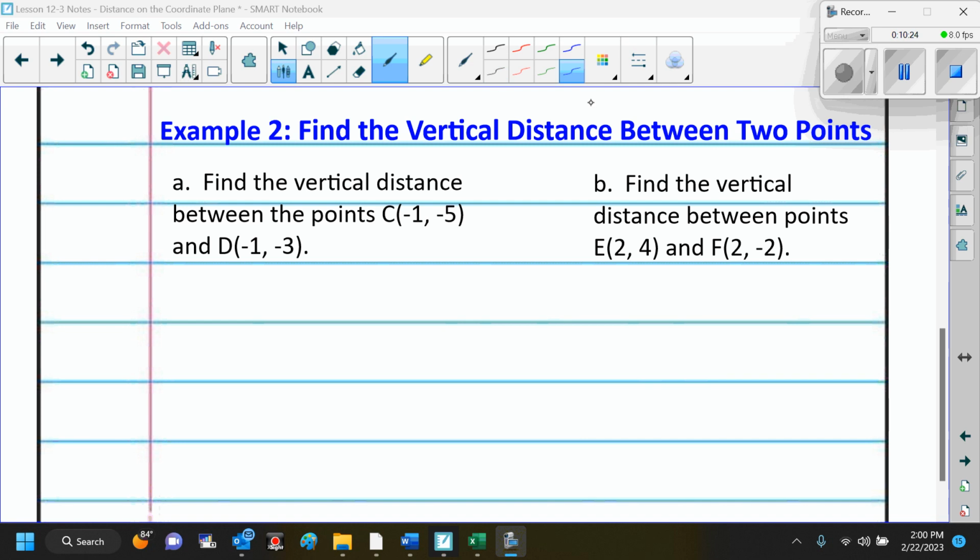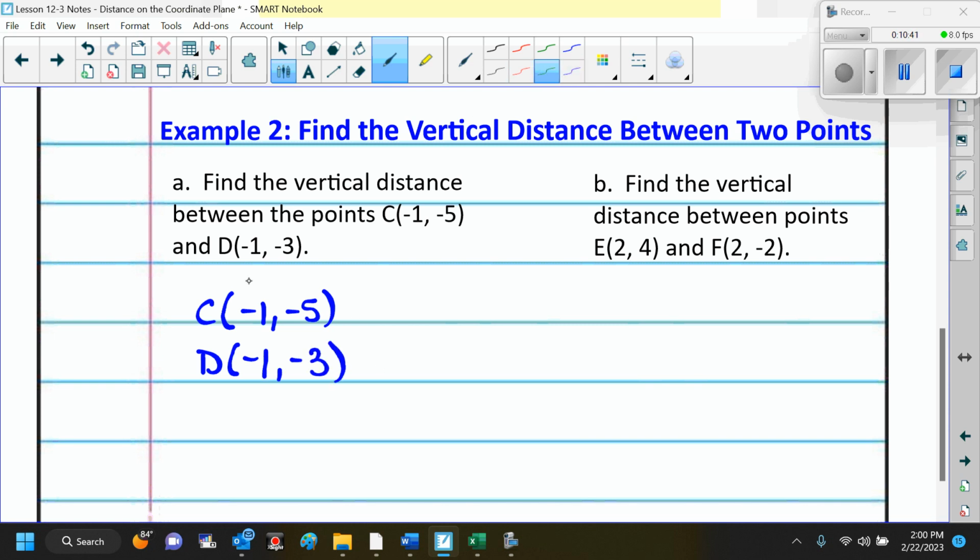So we're going to put the two ordered pairs one atop each other. So C is at (-1, -5), and D is at (-1, -3). Now, again, you guys, I like to put the x, y up top so that we can stay straight.